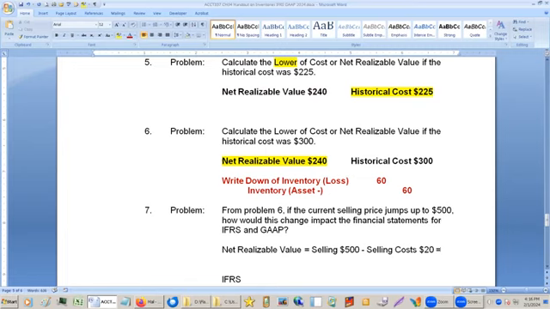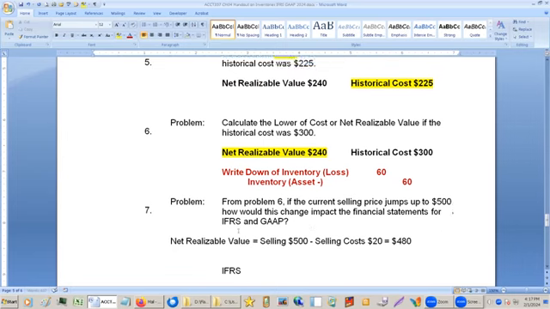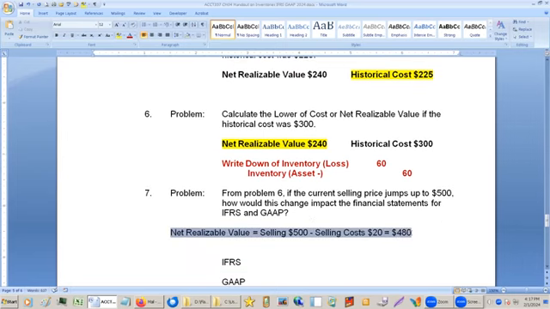So the net realizable value is what, 480? I'm just going to move this down one. Okay, so the net realizable value has now jumped up to 480.